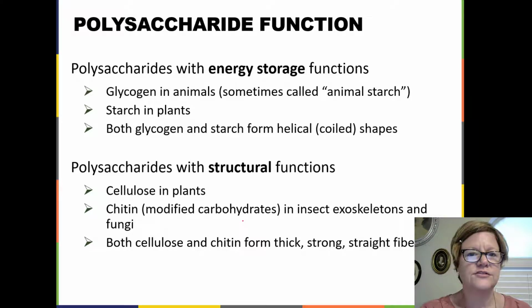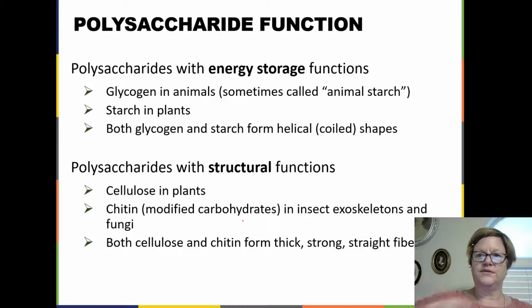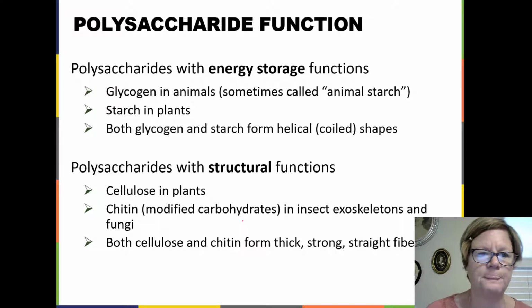Now, both glycogen and starch are made up of many glucose monomers that are joined together by dehydration synthesis reactions, and that creates a whole bunch of glycosidic bonds. And then those structures form these coiled shapes. So we'll see some pictures of those in a minute.